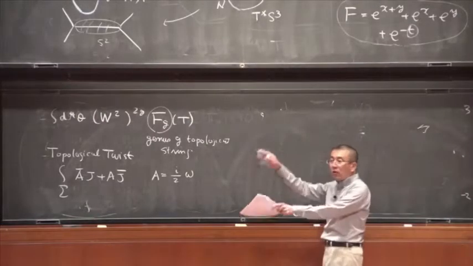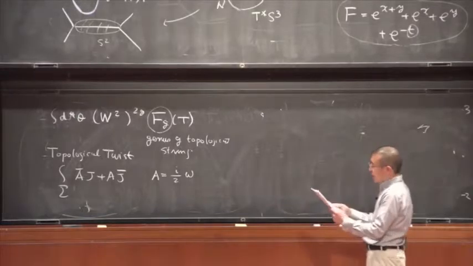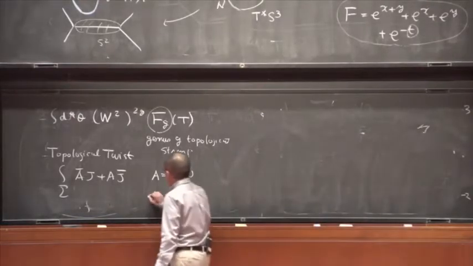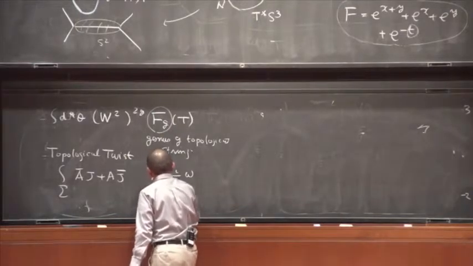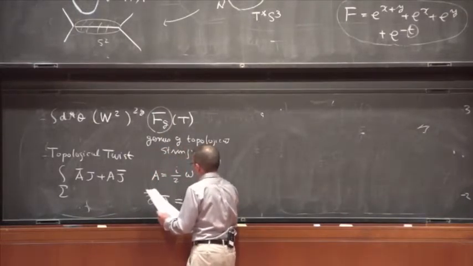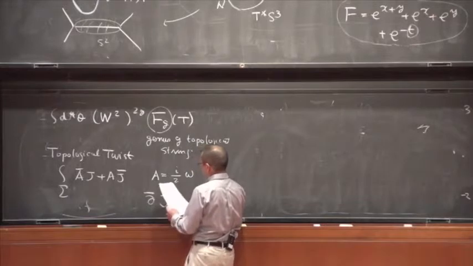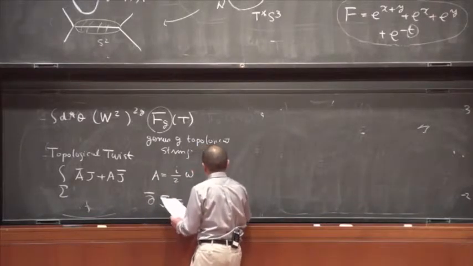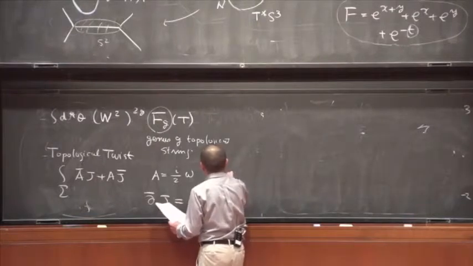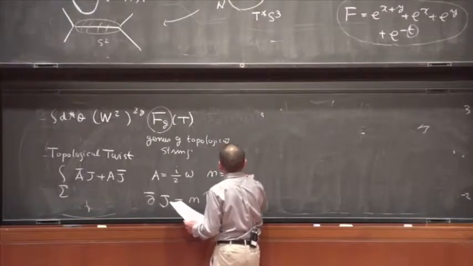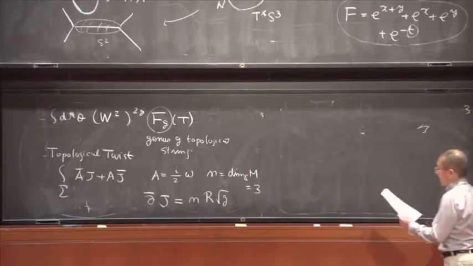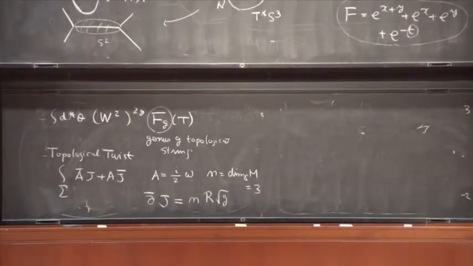However, if you have a worldsheet gauge field, then the U1 current is no more conserved because there is a chiral anomaly. So in this case, the chiral anomaly is proportional to n times r times square root of g, where n is the complex dimension of the target space. In the case we are interested in, it is 3. There are various ways to formulate it.